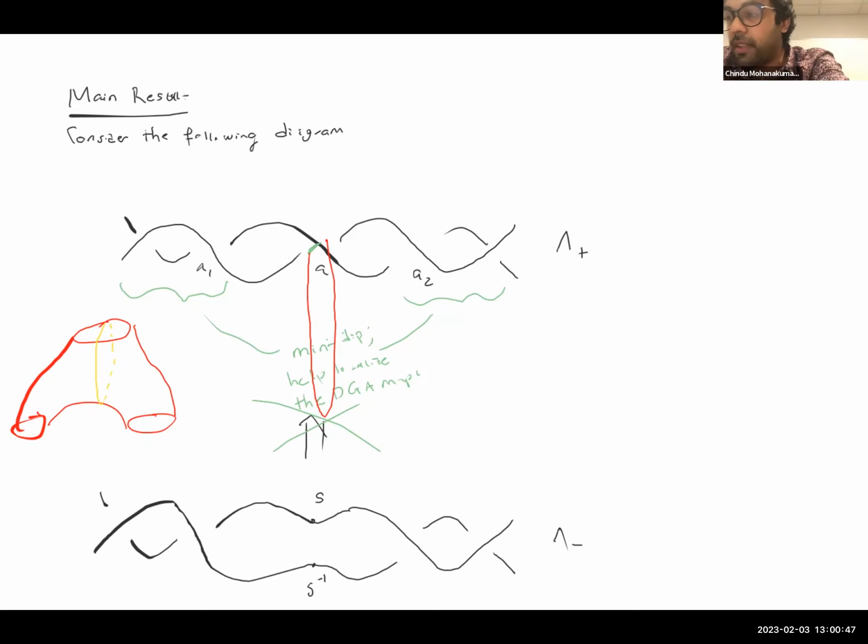That is a combinatorial argument that shows that if this mini dip picture is a DGA map, then the induced DGA map on the whole saddle cobordism has to be of a specific form. So then we know the entirety of the saddle cobordism picture.